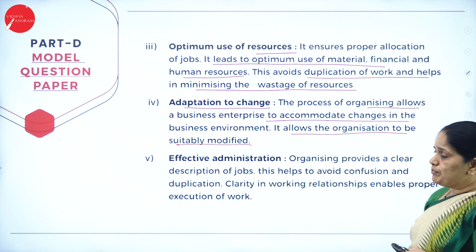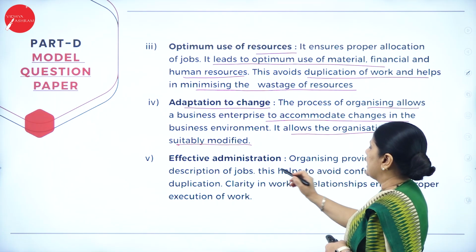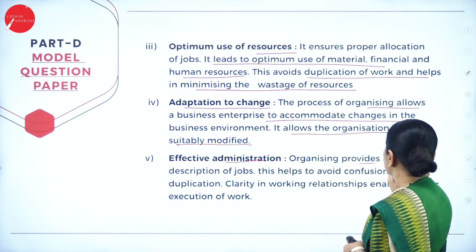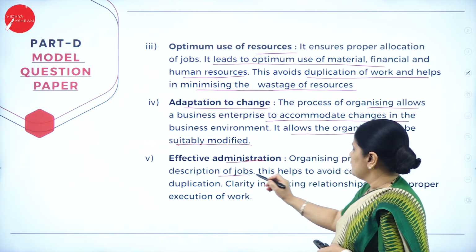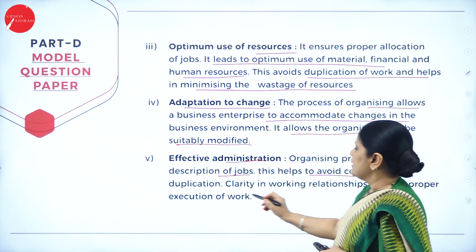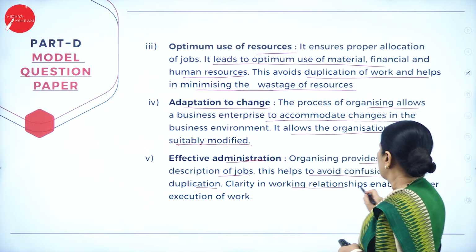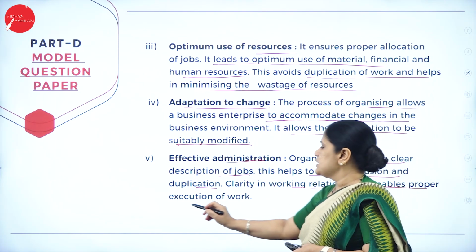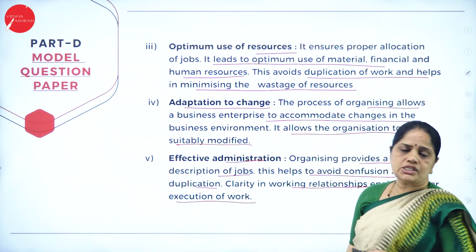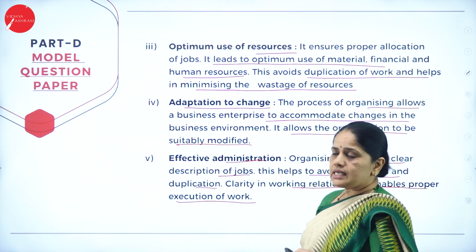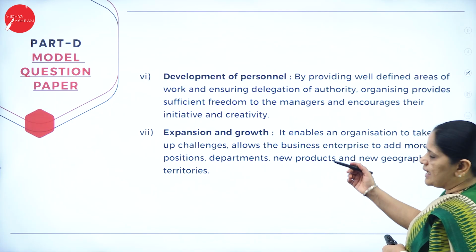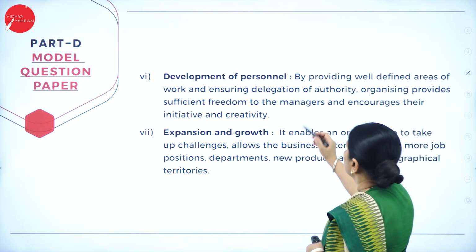And the fifth point is effective administration. Organizing provides a clear description of jobs. It helps to avoid confusion and duplication. Clarity in working relationships enables proper execution of work. So these are the importance. Next one is development of personnel.